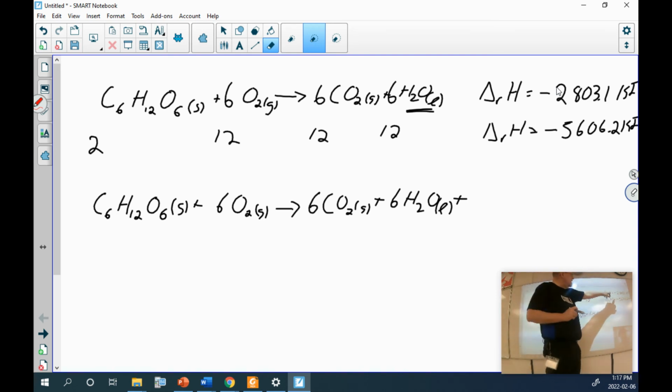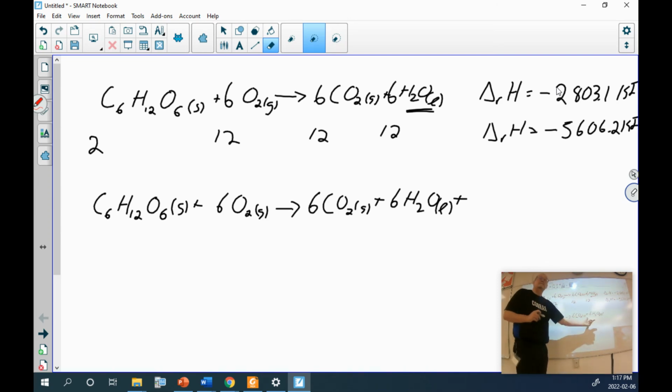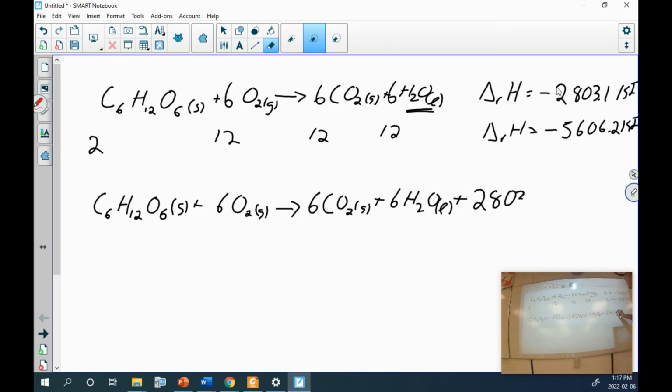That negative just indicates it's exothermic. By putting it on this side, it tells me it's exothermic. So I'm going to add 2,803.1. I don't need to repeat myself by putting a negative sign there. You don't want to put a negative sign in this case.